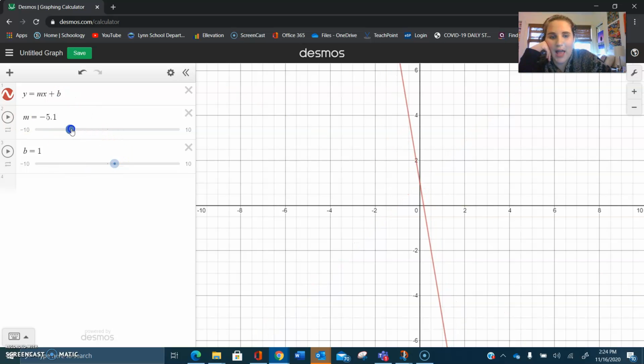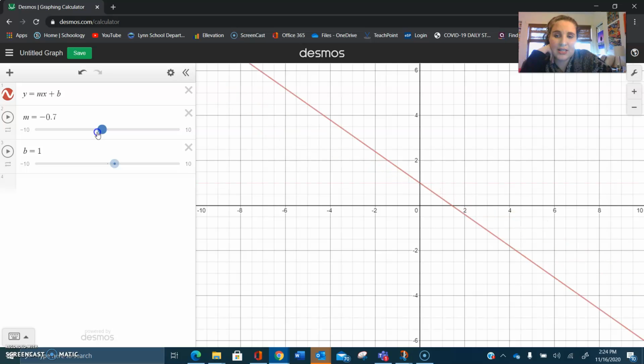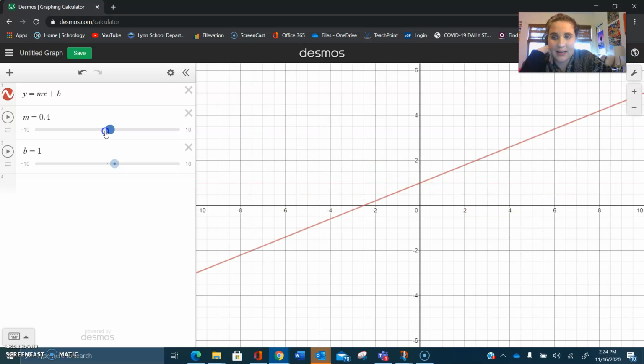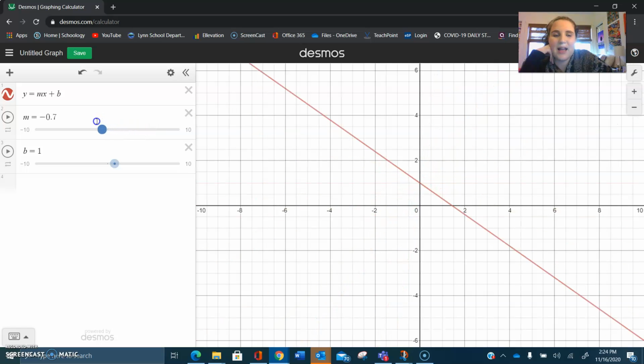So as I move m, I can see that my line kind of rotates around. This is changing the steepness of my line. So as I go up, my line gets steeper and steeper. And as I go down into negative, my line goes negative.